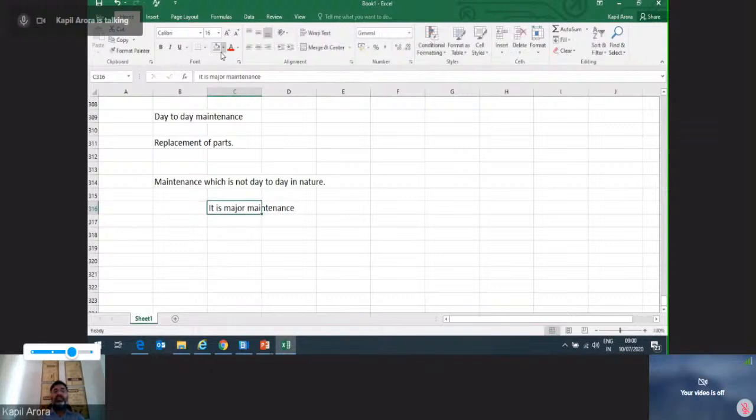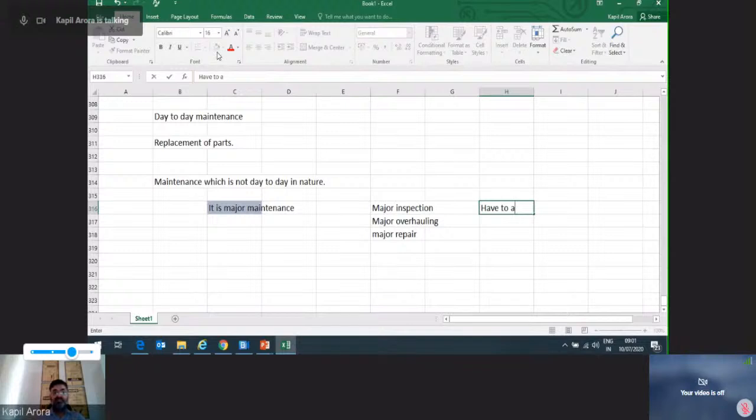So whenever a company does any major inspection, major overhauling, major repair, these are not day-to-day expenses. When these are not day-to-day expenses, we have to add these in the value of the asset.